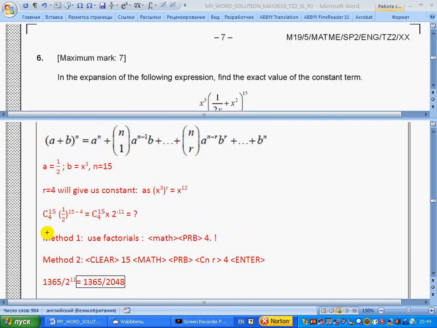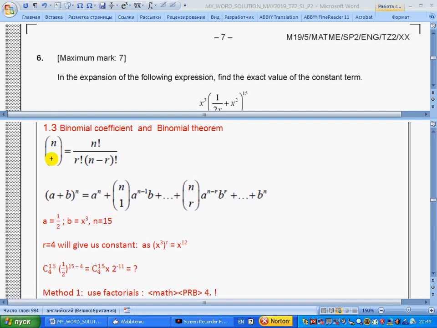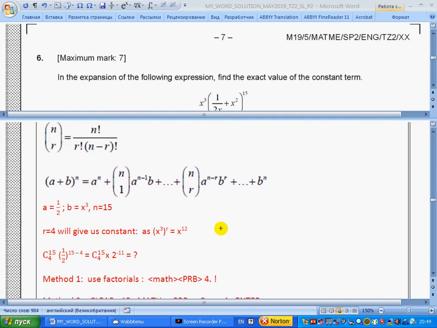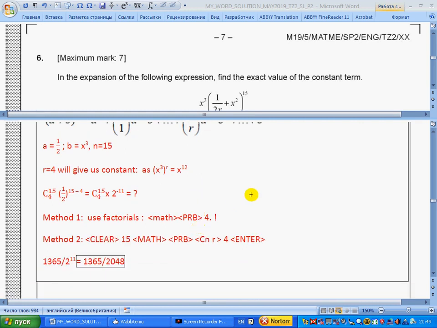And how to find this combination? There are two methods. One method is to use these factorial expressions. It will be 15 factorial over 4 factorial over 15 minus 4, 11 factorial, or you can use the following method.